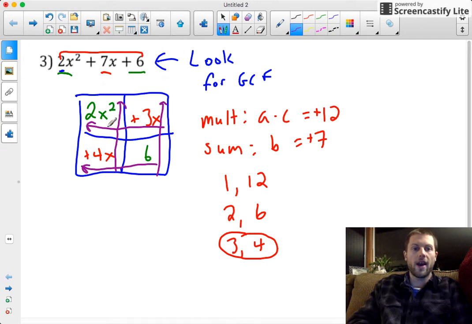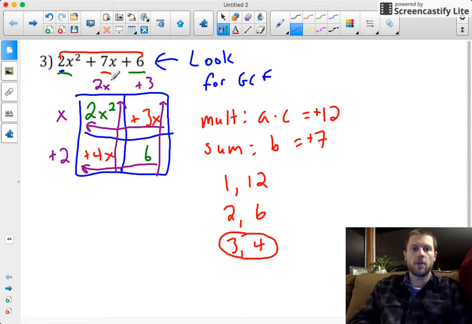So we're trying to figure out how we got here. Let's take the GCF of 2x squared and 3x. That's going to give me an x. The GCF of 4x and 6 is going to be a positive 2. Going this way, I have a GCF of 2x, and this way I have a GCF of a positive 3.